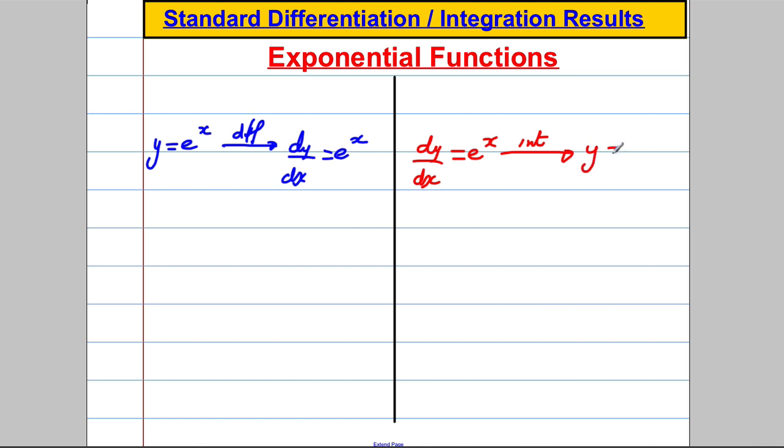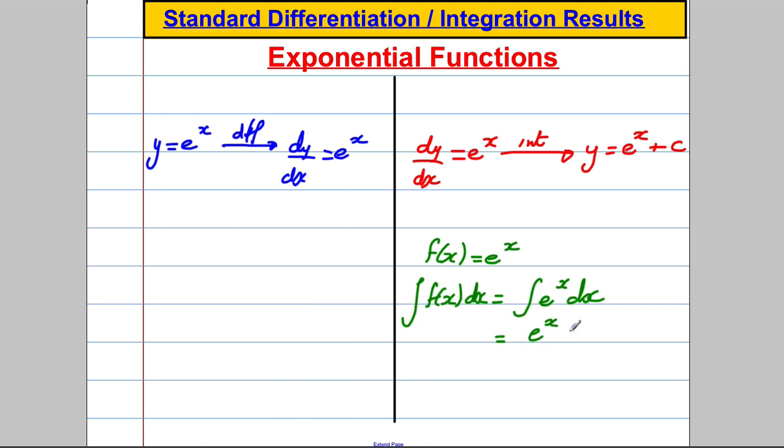Well, I'd get my y back, I'd get e to the x back, but I'd also get a constant of integration. So in general, the general rule is, suppose I had a function of x that was e to the power of x, and someone asked me to integrate that function with respect to x, I'd integrate e to the power of x with respect to x, and I would get e to the x plus a constant.